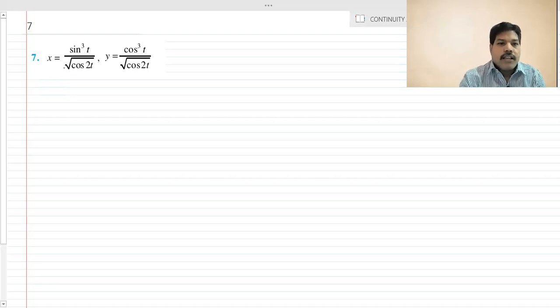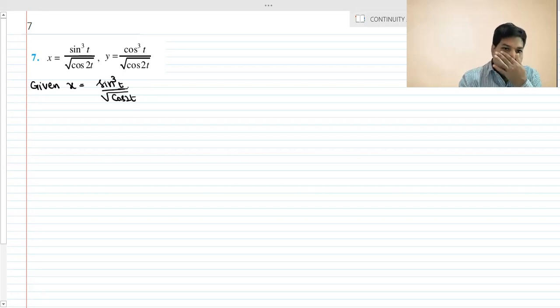So first, what is the given function? First I will take the given function: x is equal to sine cube t by root cos 2t. So this is the x value. What we will do here is first differentiate with respect to t.